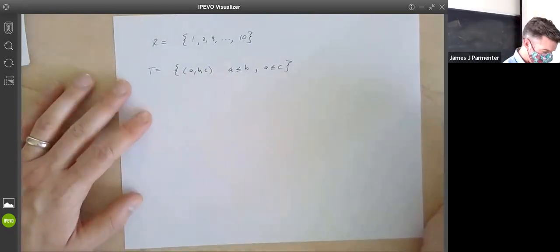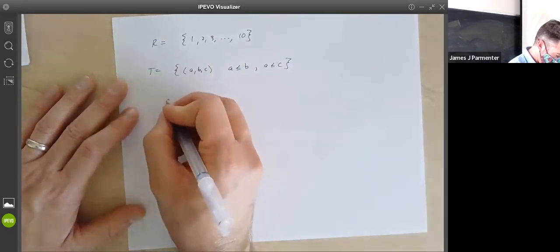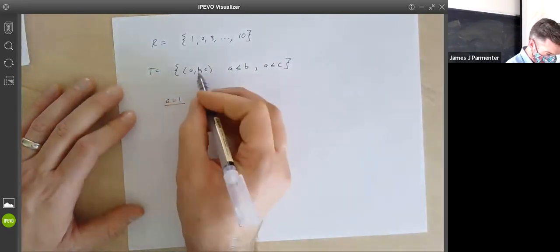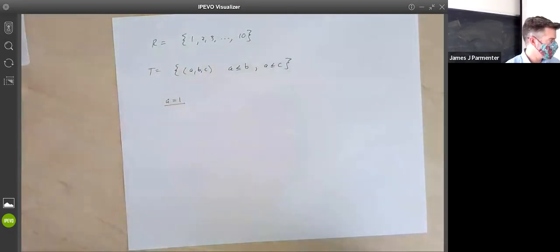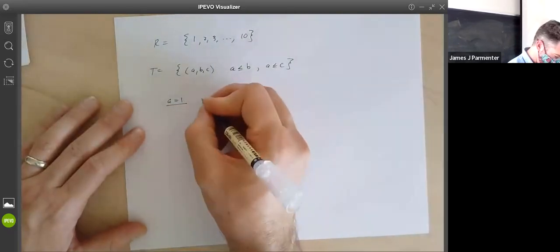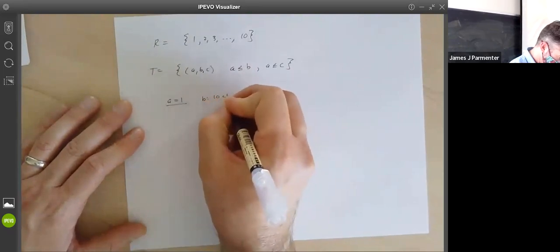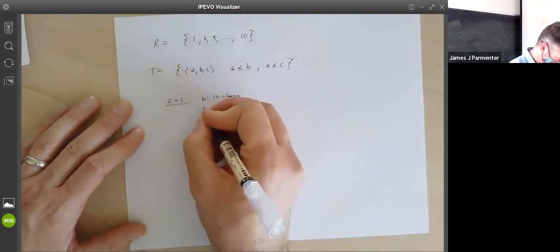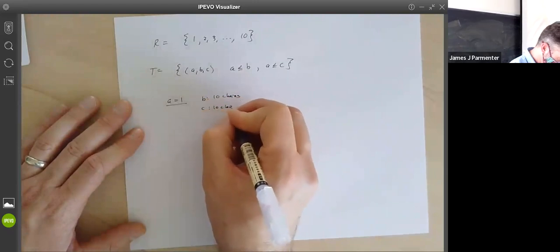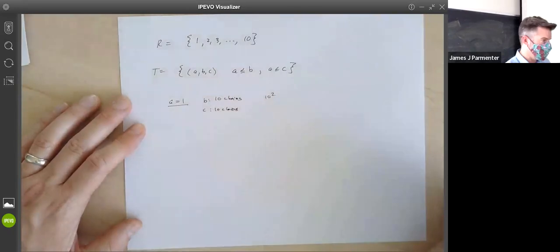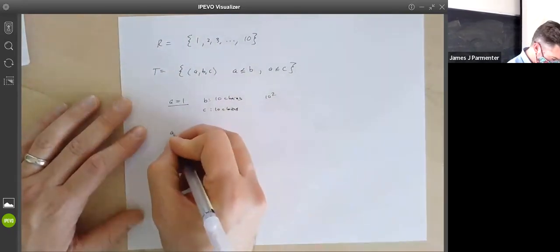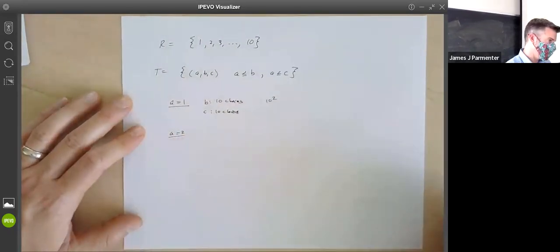So now, if A is equal to 1, how many choices are there for B? 10 choices. And for C would be the same. So when A is 1, we're going to have 10 squared choices. And when A is 2, how many choices are we going to get?